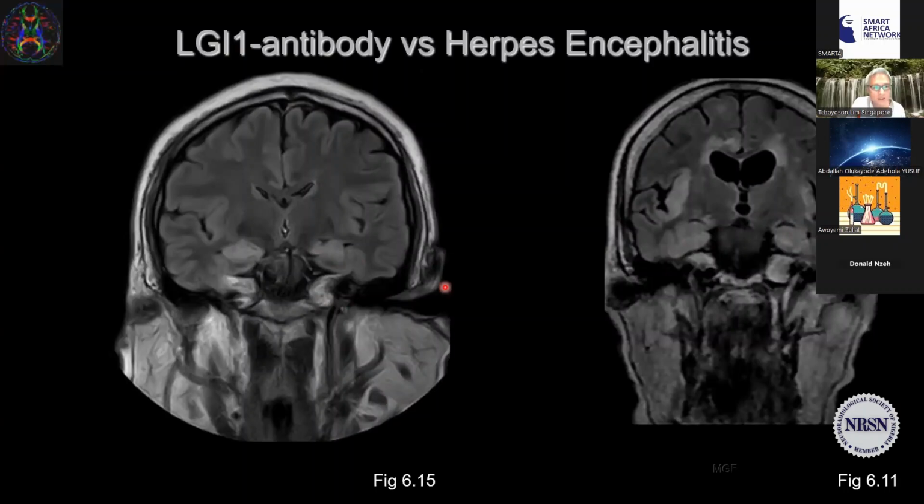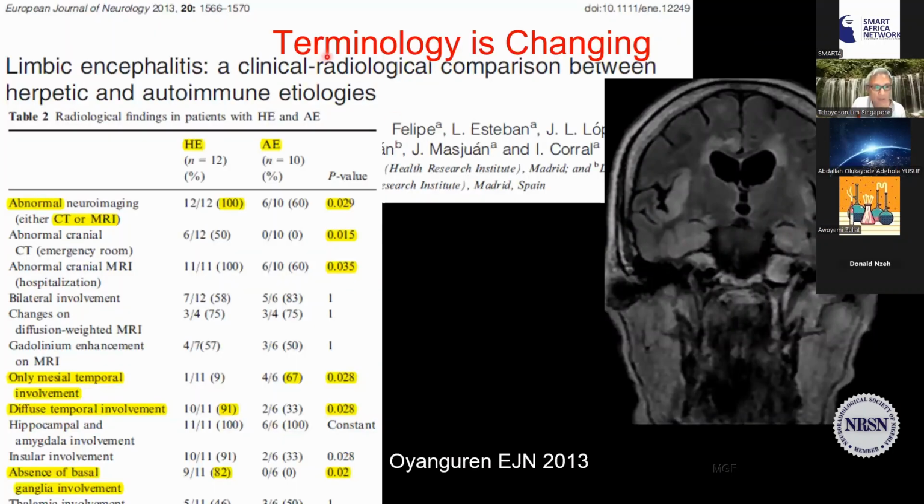The terminology is changing. Previously, it was called autoimmune etiology. And this is a 2013 study trying to see what is the difference between herpes and autoimmune encephalitis.